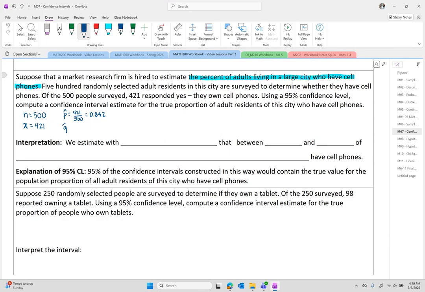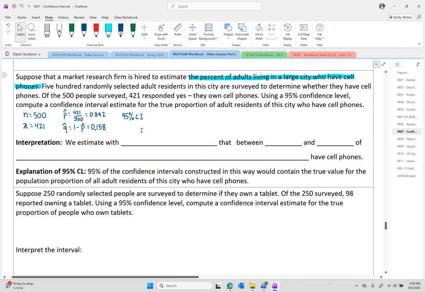And the q hat will be 1 minus the p hat, so the rest of those people, the 79 out of 500, and that answer will be the remaining from 1, 0.158. And with this information, we want to find a 95% confidence interval to estimate the true population proportion of adult residents in the city who have cell phones.